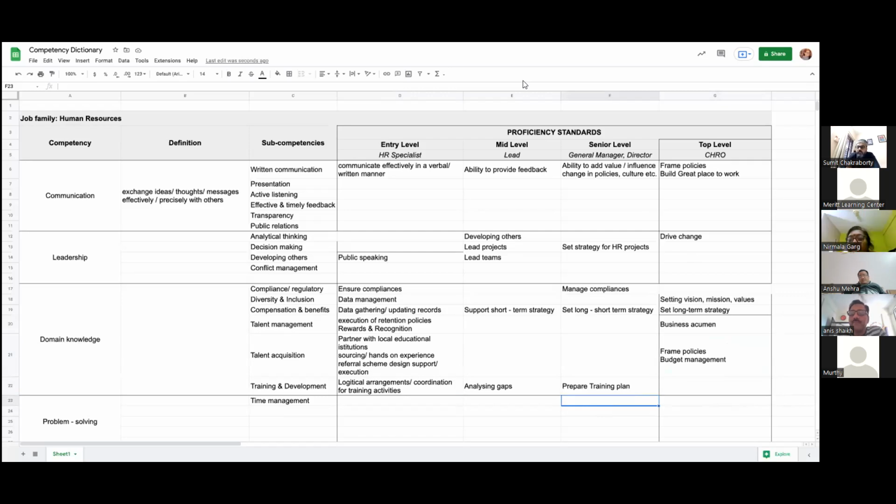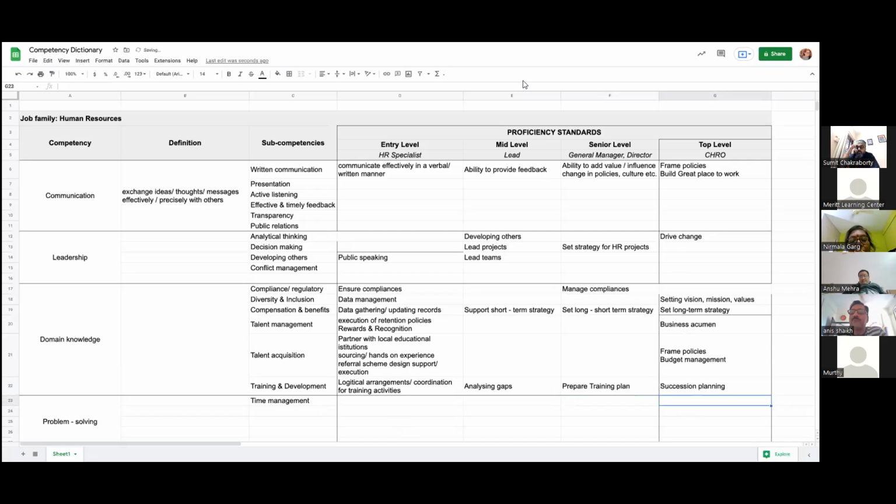Developing leadership capability, organization capability through leadership development and succession planning, like bench planning, that would be his job objective actually.